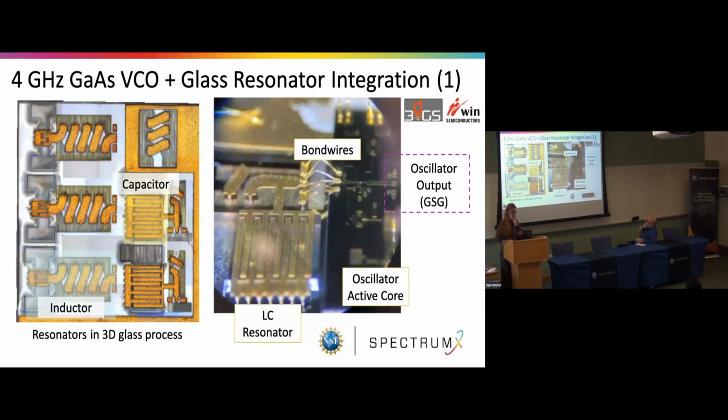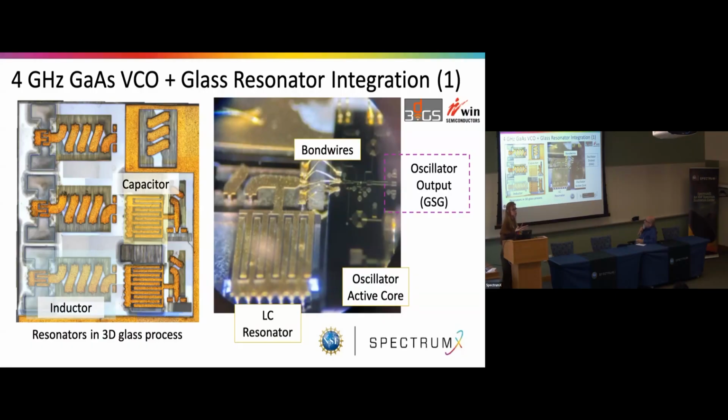And besides that, we integrated a VCO, where we integrated one GaAs HBT oscillator, or the core of the oscillator, with a 3D glass, basically an LC resonator. And what does that give to you?